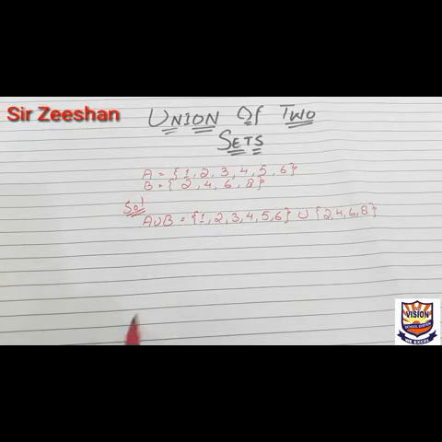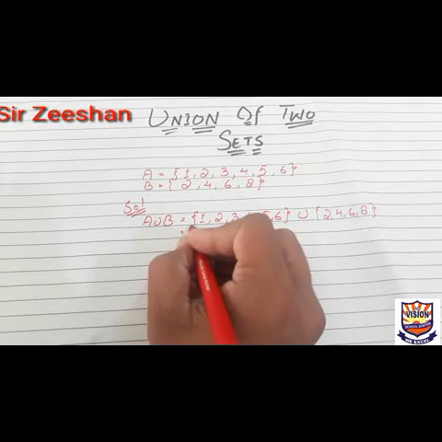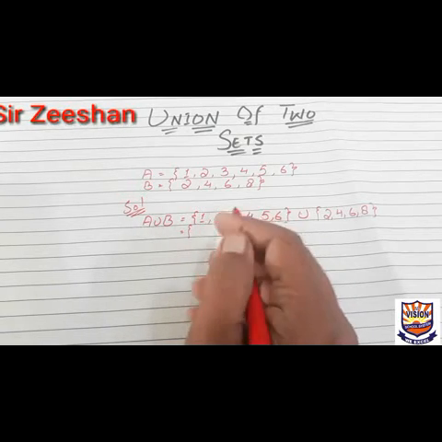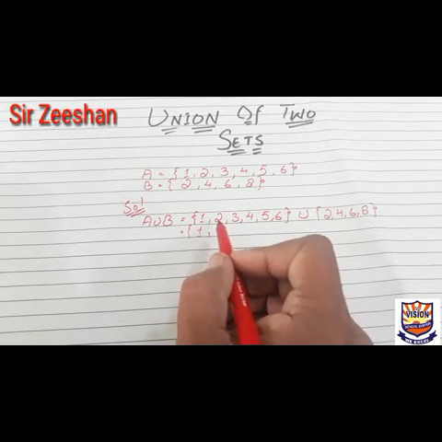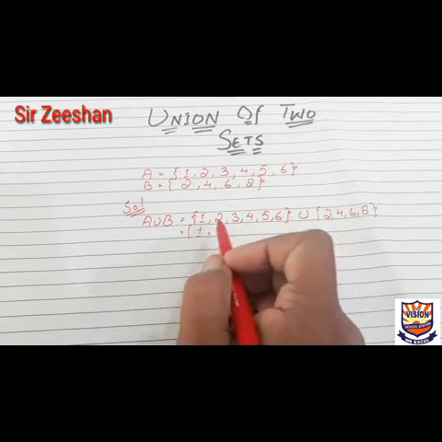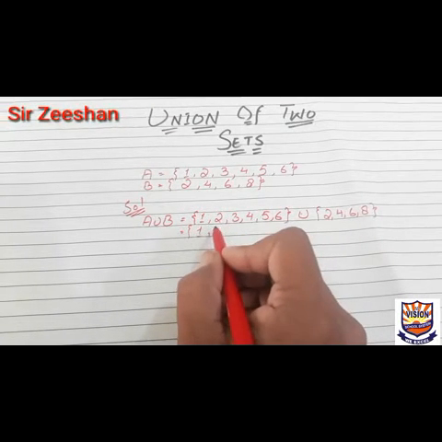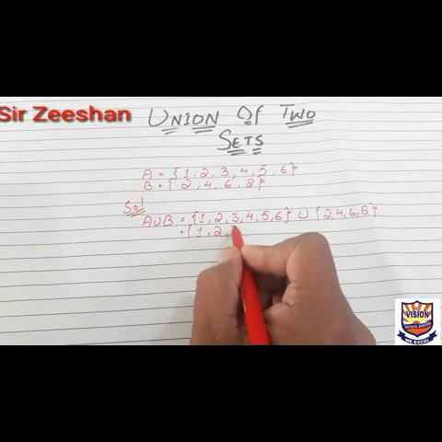So let's do that. The first element that comes in between these two sets is 1. Now you can see that 2 is repeated in both, so we'll write it once. After that it's 3.